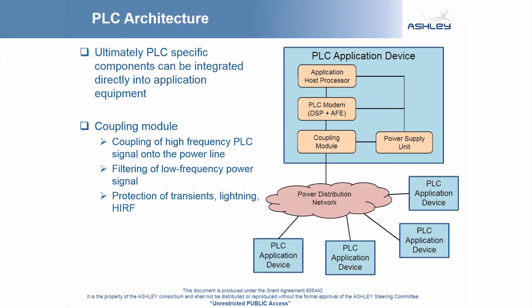A critical part of the coupler design is to ensure that the performance is not highly sensitive to the impedance conditions of the power line, as those may vary widely between different points on the power network.